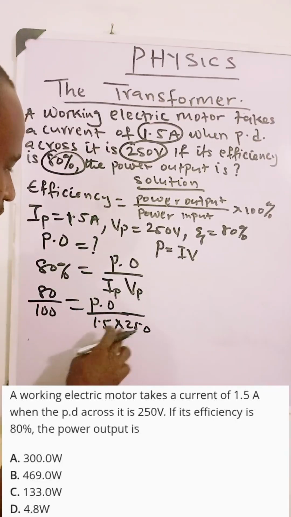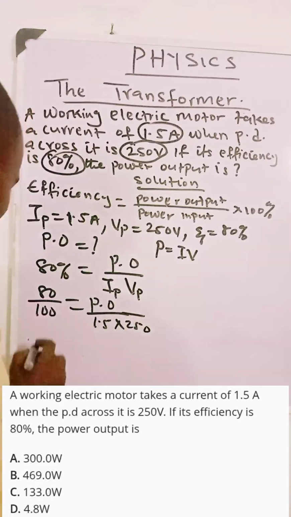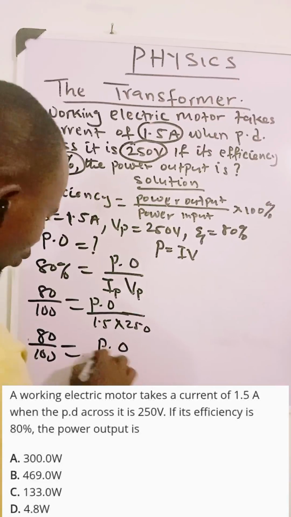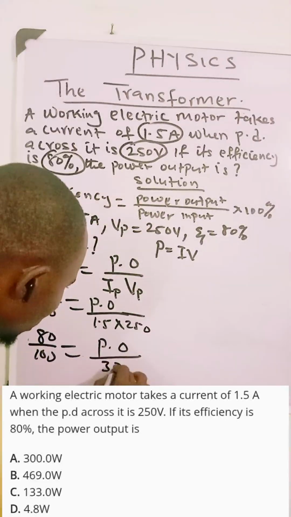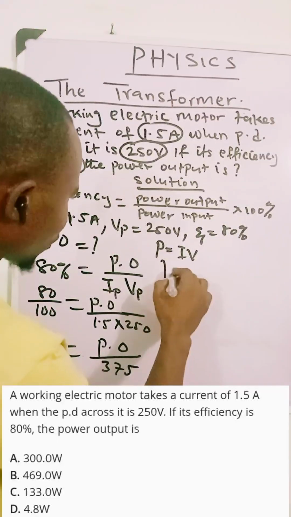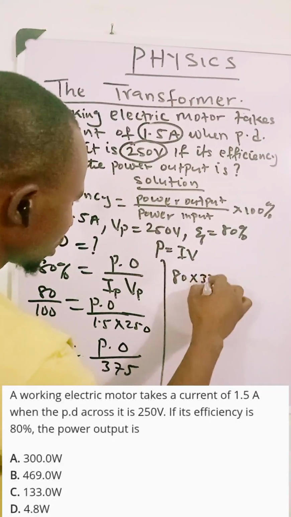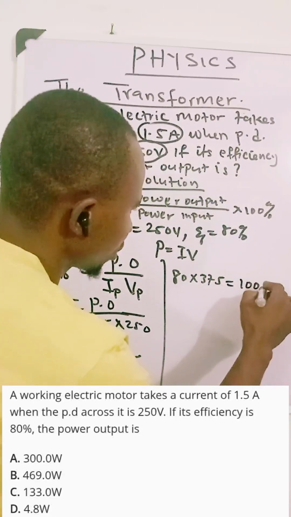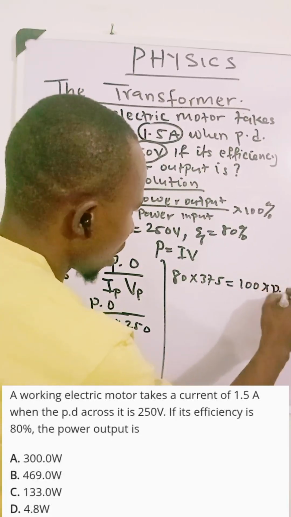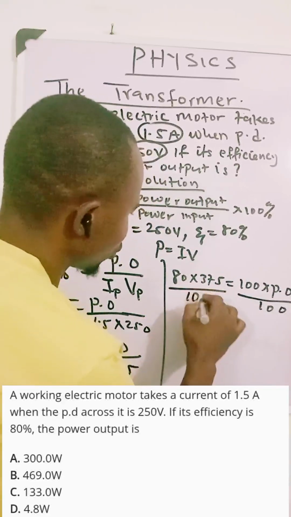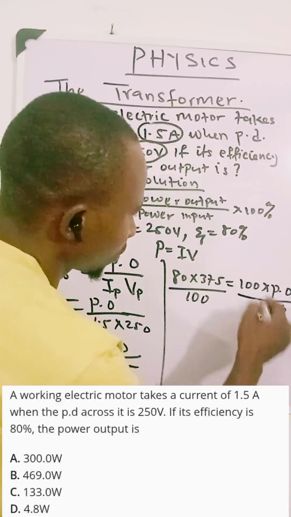So 1.5 times 250, what I'm going to have is 80 over 100 equal to power output over 375. So I will cross multiply, which I'm going to have 80 times 375 equal to 100 times power output. So I'll divide by 100 to make my power output the subject.